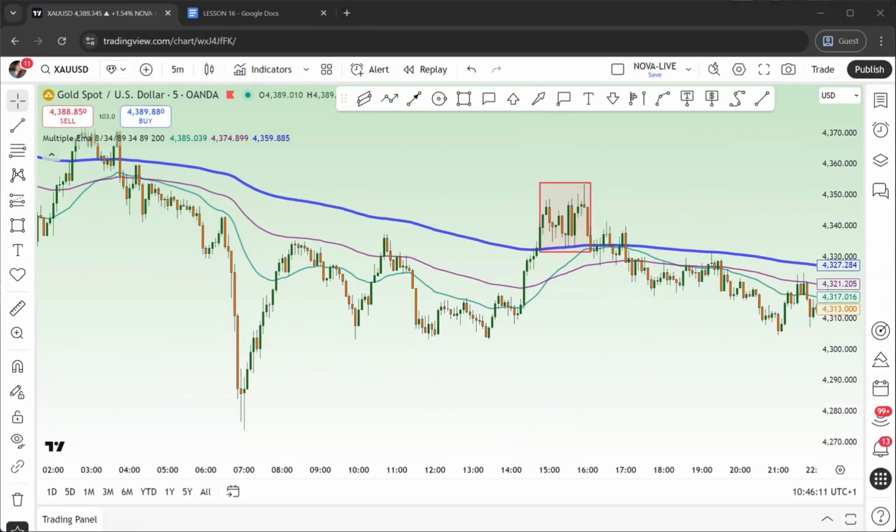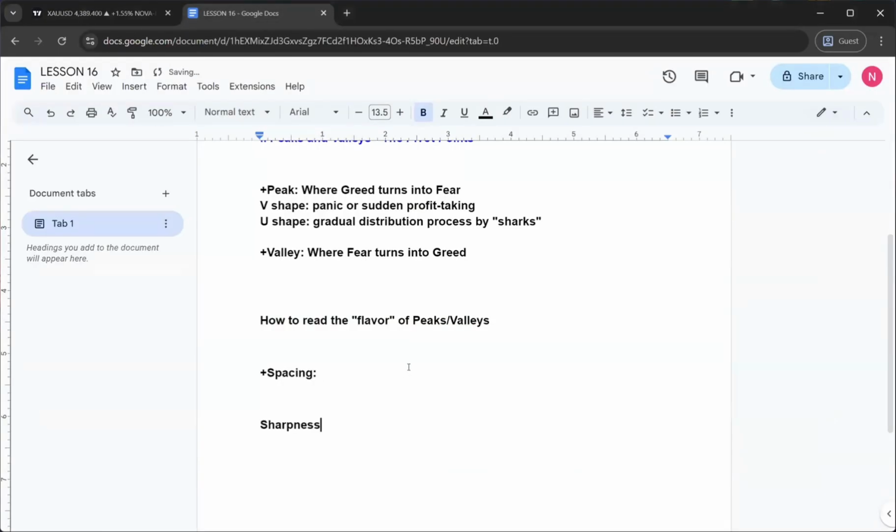The next point I want to share with you is sharpness. Besides spacing, sharpness is also a very important factor that affects our trading result. So what is sharpness? Sharp spikes are often due to sensational news, with low reliability, and are likely to be rejected.